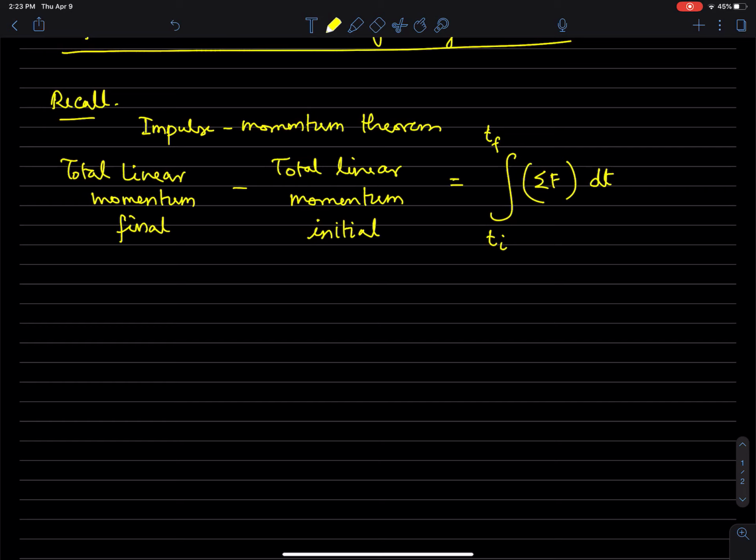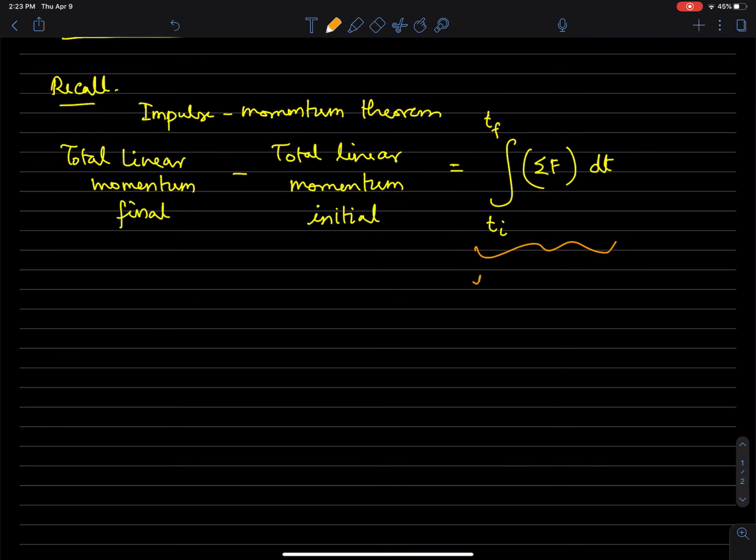Okay, so this is called the impulse of all external forces on the system.